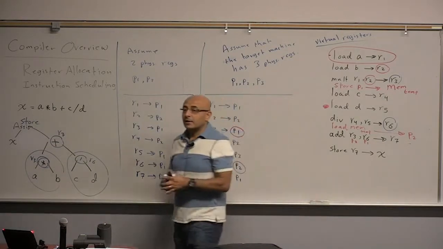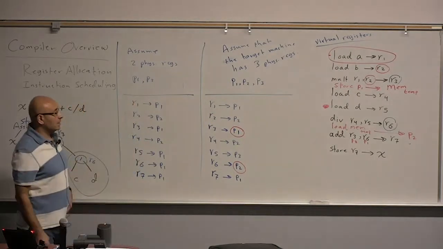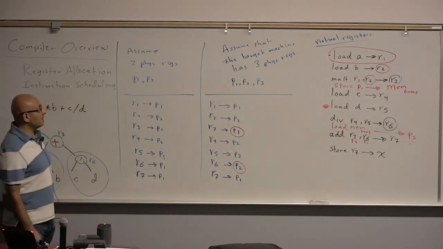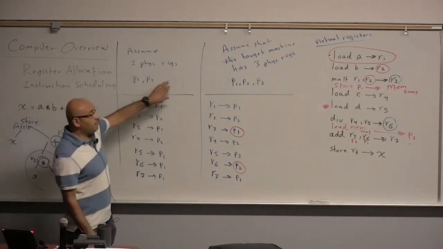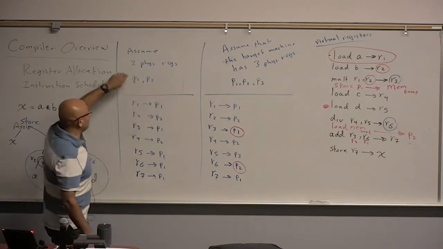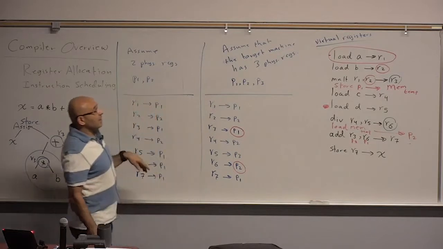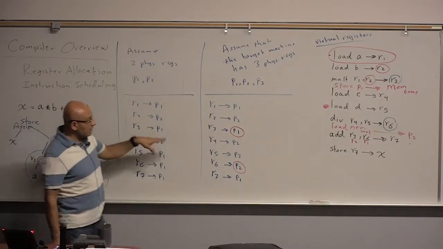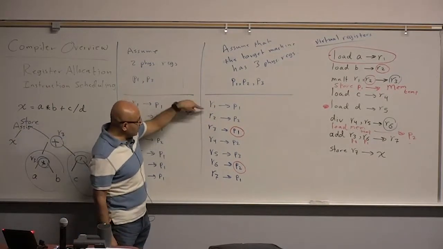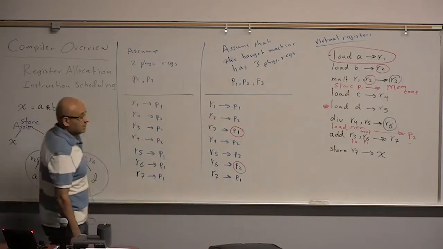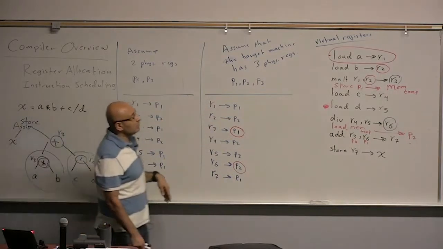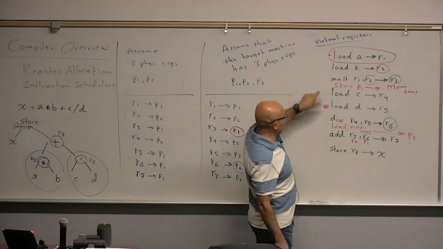Okay. Now what's the point here? The point here is that with fewer registers, when we have 2 physical registers instead of 3, the register allocator could not map each virtual register to a physical register. It had to do some storing and loading.